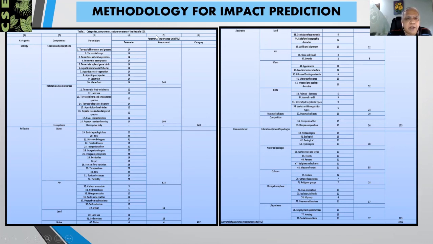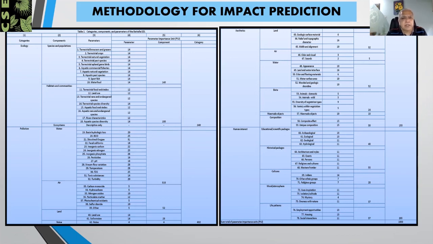Then a parameter importance unit score is given for each of these components. An overall score for that component is determined, and based on this, a total weight of 240 has been determined for the ecology component by this particular team for this particular project. It is all dependent upon the project. It is all dependent upon the site.